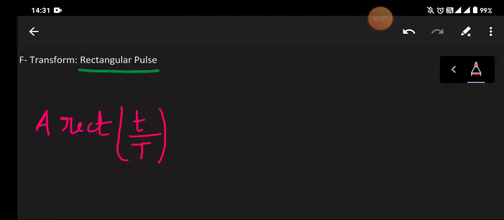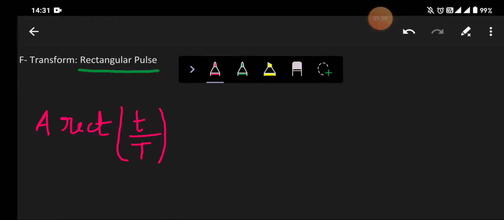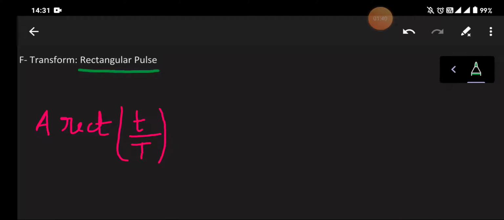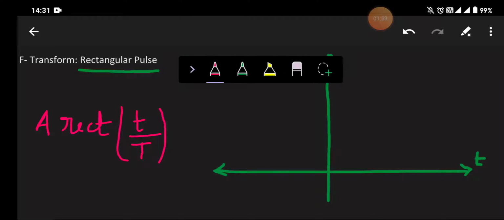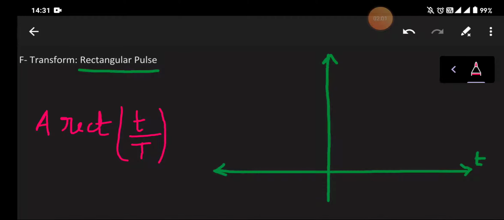Also, when I plot the curve on the graph, this is a signal that is a finite duration signal.